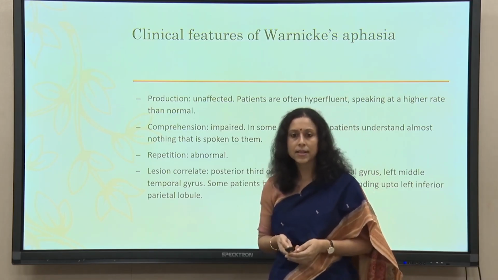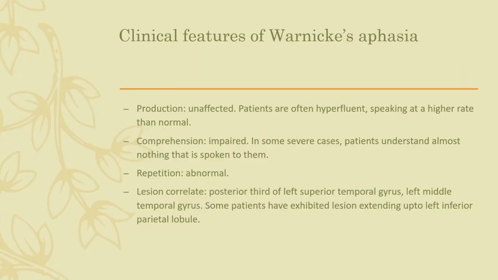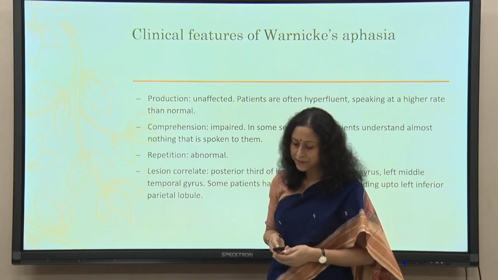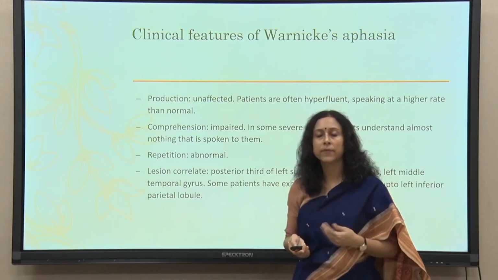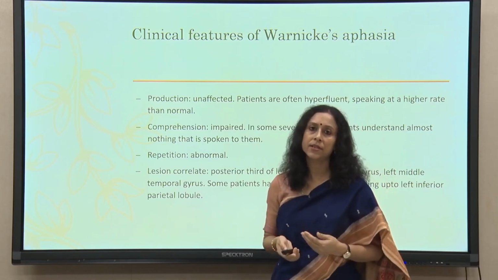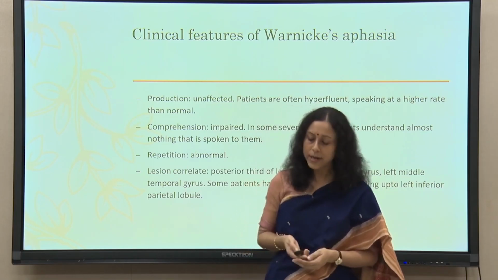And then as far as the lesion correlate is concerned, in the case of Wernicke's aphasia, the posterior third of the left superior temporal gyrus is the one that is found to be most affected, along with the left middle temporal gyrus. However, this is not universal. Many patients have shown slightly different domains.